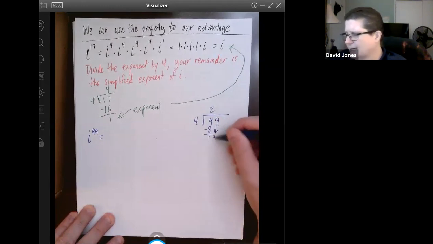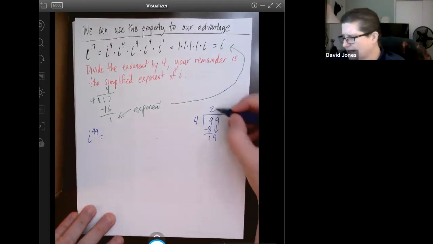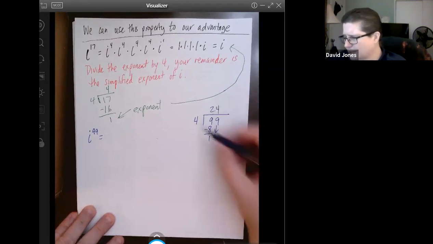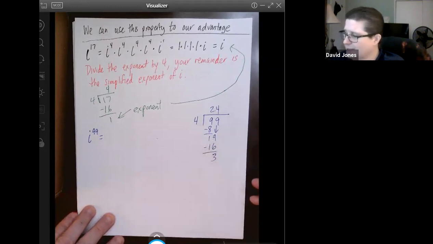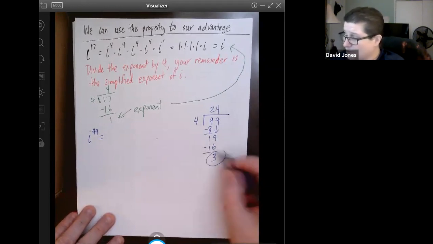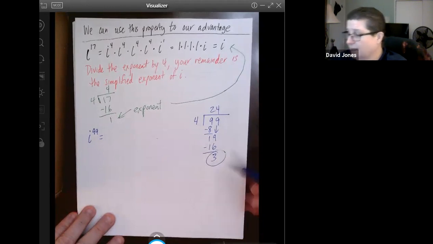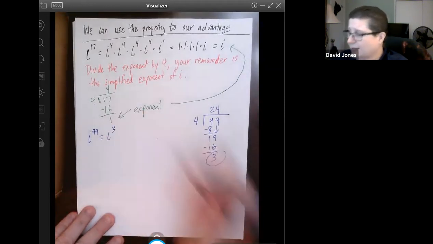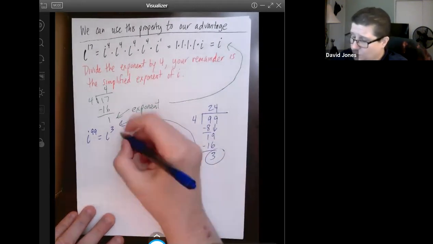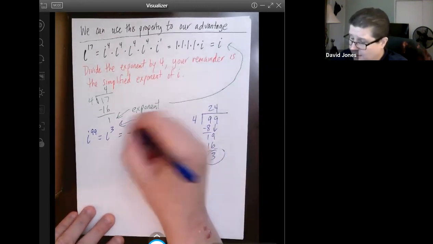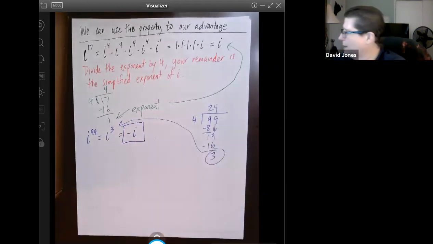I'll bring down the 9. 4 goes into 19 4 times. 4 times 4 is 16. 19 minus 16 is 3. That's the only thing that matters. I don't need the 24. I just need the 3. This simplifies down to i cubed, and i cubed was negative i. So i to the 99th power is negative i.